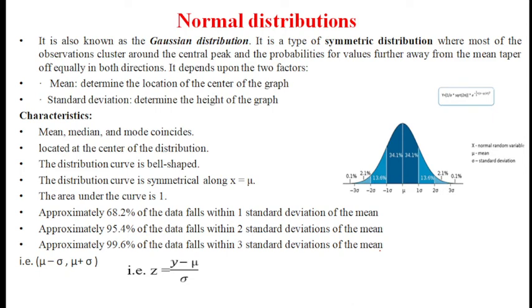The next one is normal distribution. What is the normal distribution? What is the other name for this normal distribution? Gaussian distribution.